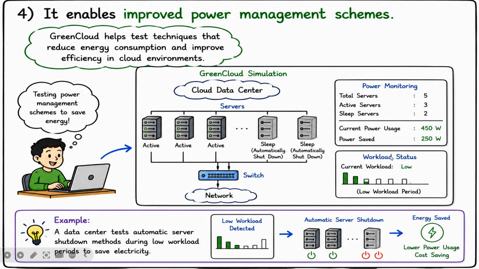Now when the workload status is low, we are switching some of the servers to sleep mode. So here we can see how a real data center tests automatic server shutdown and methods to save electricity.